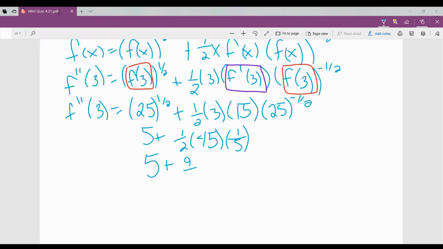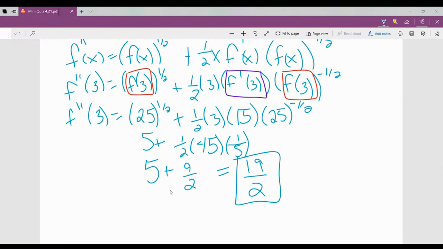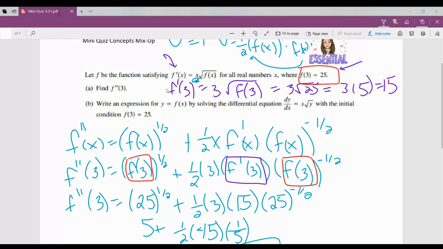So 9 over 2. So this is going to equal 19 over 2. Final solution. Okay? All right. So that was, like I said, a lot going on with that, but it had kind of the idea of chain rule, derivatives, and that type of stuff.